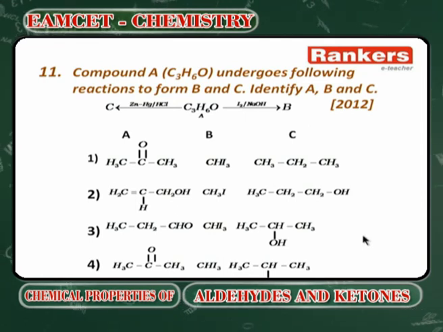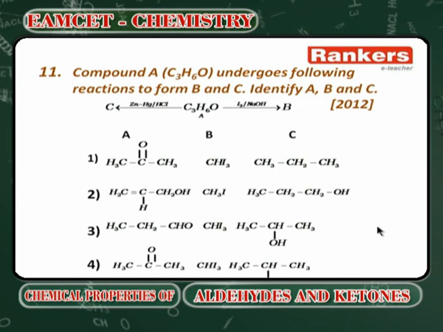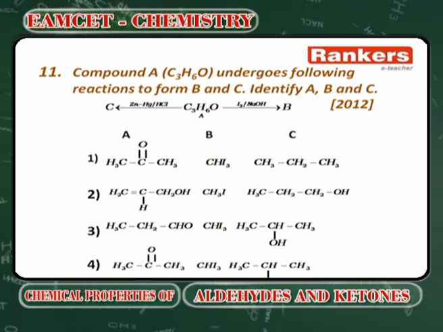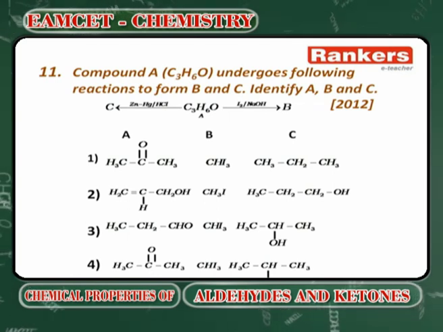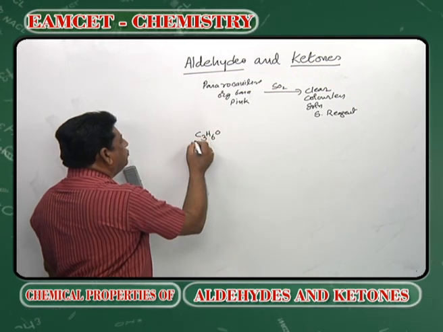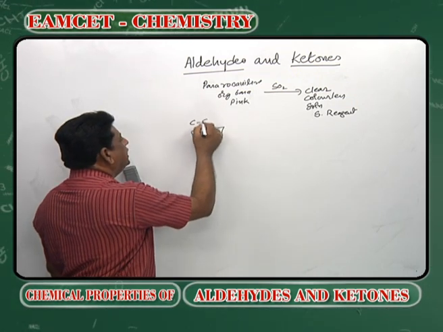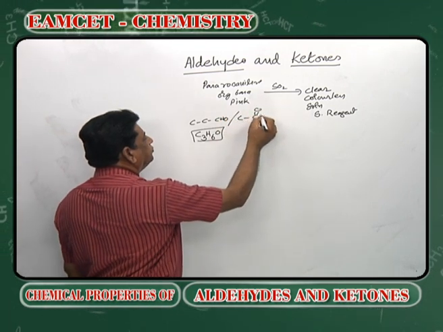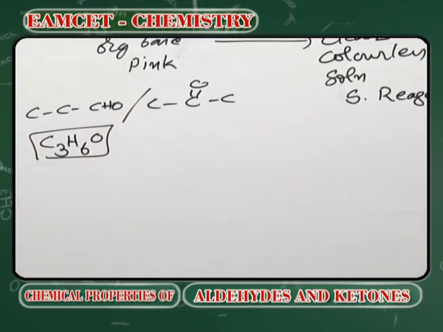A compound A, C3H6O, undergoes the following reactions to form B and C. Identify A, B, C. So the compound A is C3H6O. This formula goes for either an aldehyde or a ketone, propanone or propanaldehyde.